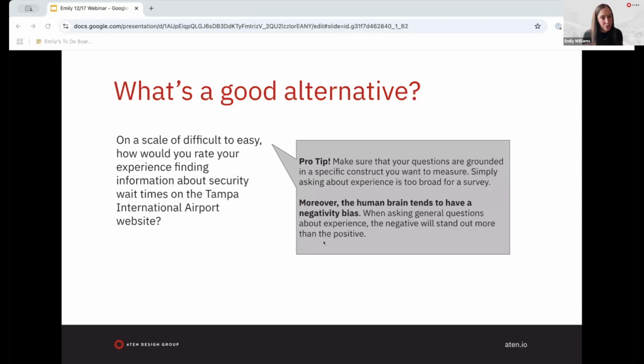I've removed any direction. I've removed any bias. I've removed any ambiguity. And I've said, on a scale of difficult to easy, and I've labeled my scale, how would you rate that experience, right? Now, when somebody responds to that, we can be very certain that the response they're giving matches what we want to measure, what we are trying to understand.